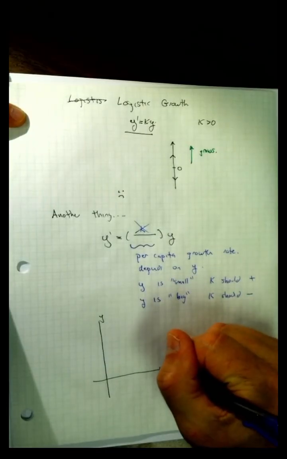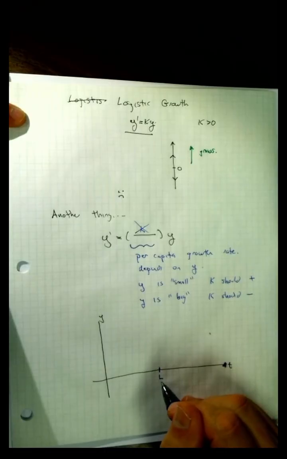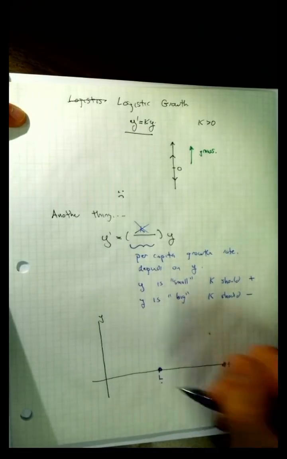The way we're going to do this is we're going to say there's some important limiting value L. This is right where we start to outstrip our resources.